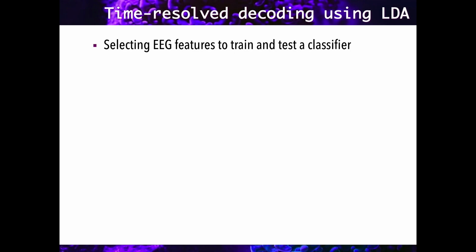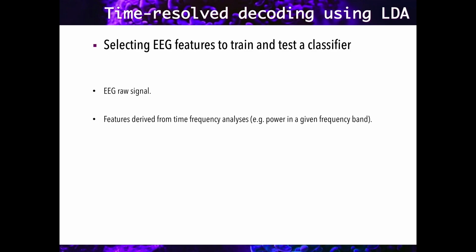However, as you know, the EEG signal is extremely rich, and probably you're wondering which kind of information we want to use to feed and test a classifier. We can use just the raw EEG signal from all channels, but we can also use information extracted from time frequency analysis. For example, you can use as a feature for the classifier the power in a given frequency band.